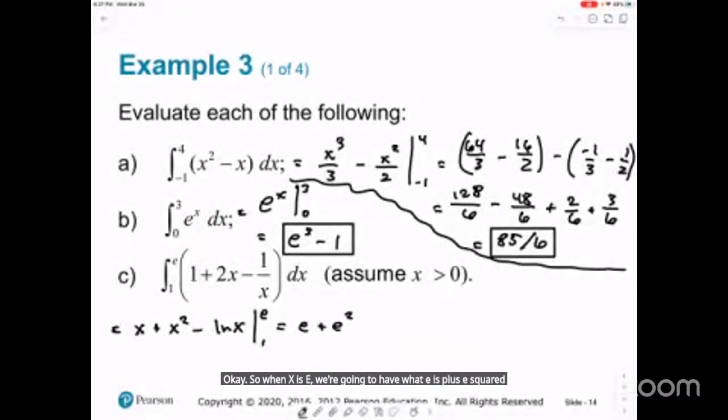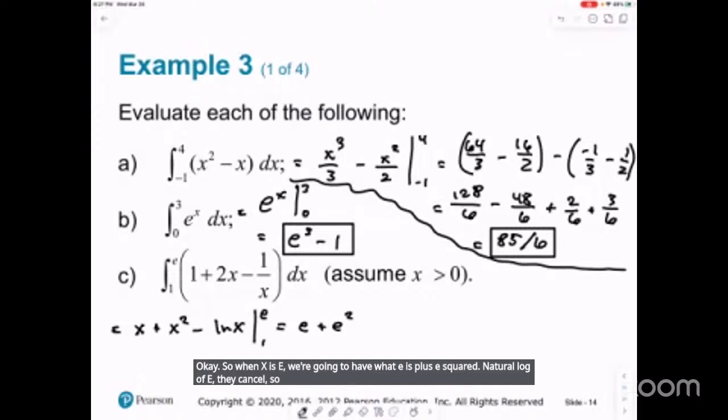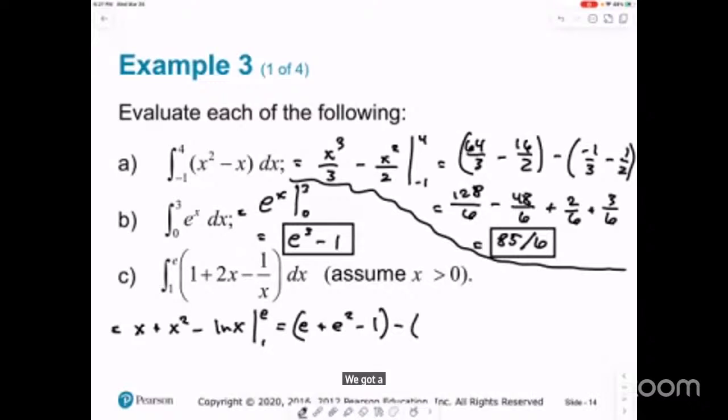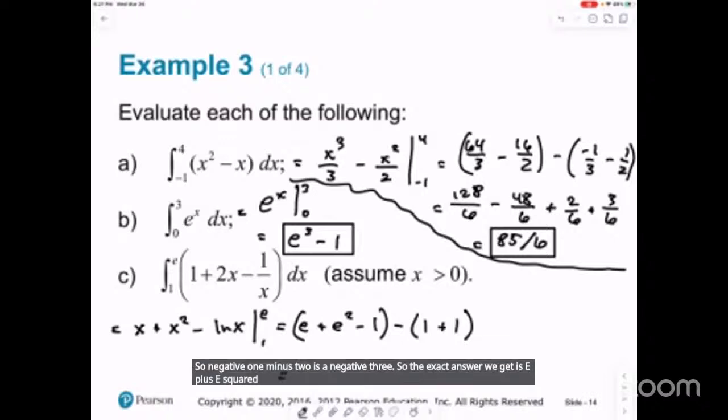Natural log of e, they cancel, so that's going to be a minus 1. So that's the first answer. Minus, with the lower index, we get a 1 plus 1. Natural log of 1 is 0. So negative 1 minus 2 is negative 3. So the exact answer we get is e plus e squared minus 3.